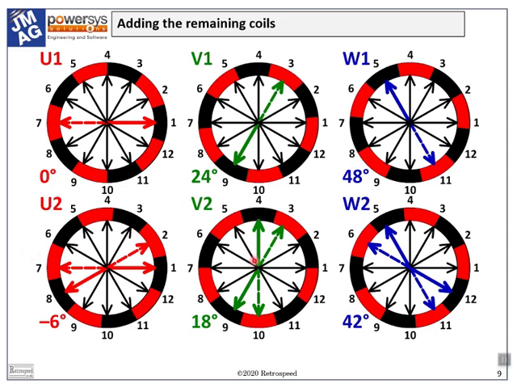The same process can be applied to phase V and phase W. So in phase V, when the rotor is turned back 6 degrees from the 24 degree position, we find coils 4 and 10 in perfect alignment with the black and red magnets. And in phase W, when it is turned back 6 degrees from the W1 position, we find coils 12 and minus 6 in perfect alignment.